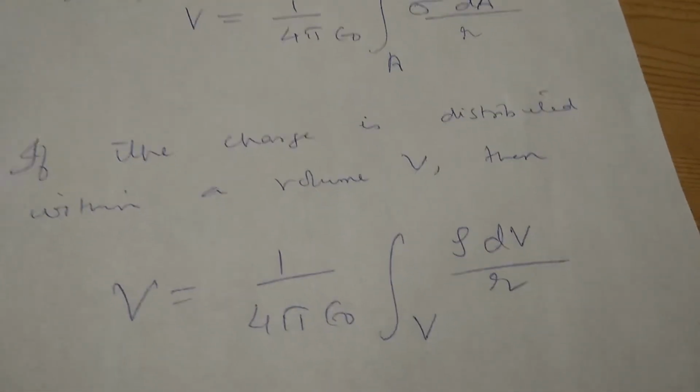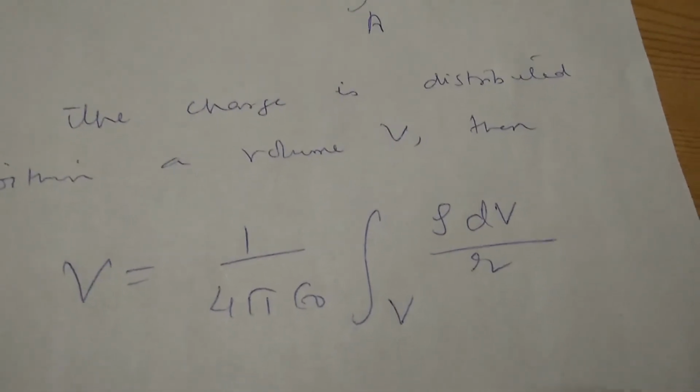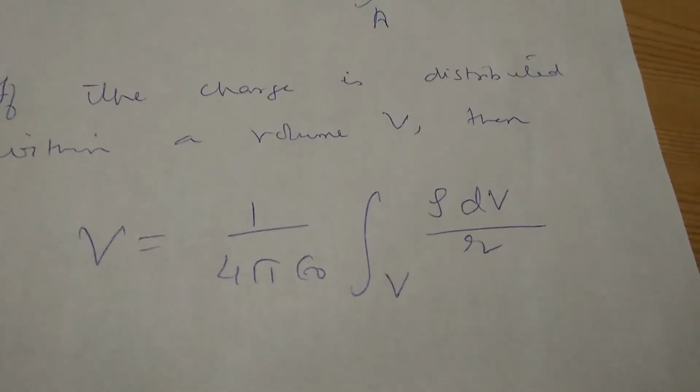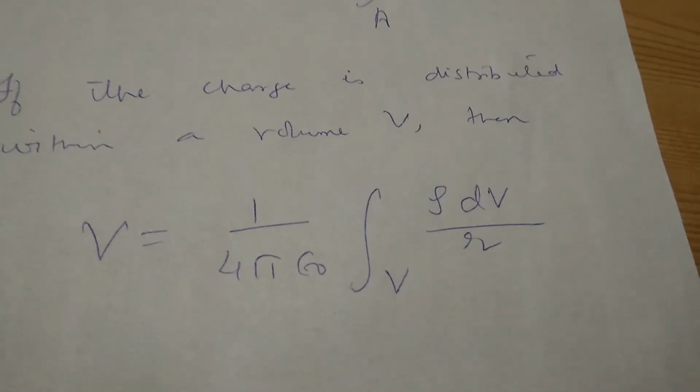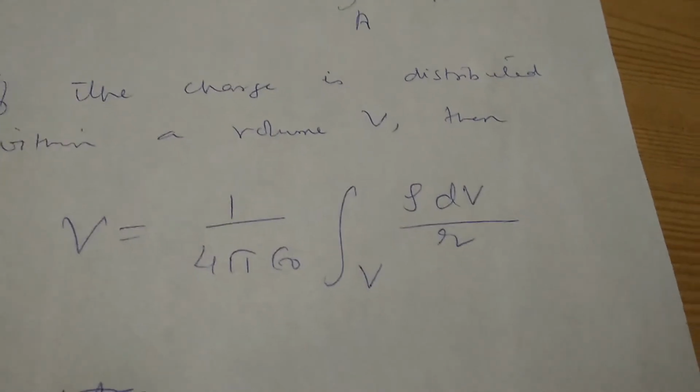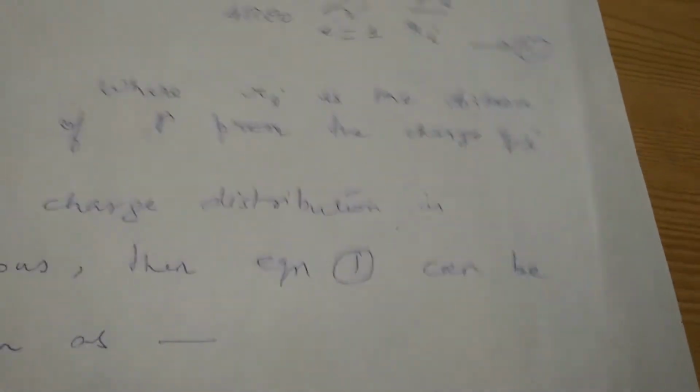If it is within a volume, then we take the volume charge density. So V is equal to 1 by 4 pi epsilon naught integration over the volume, rho dV by r.